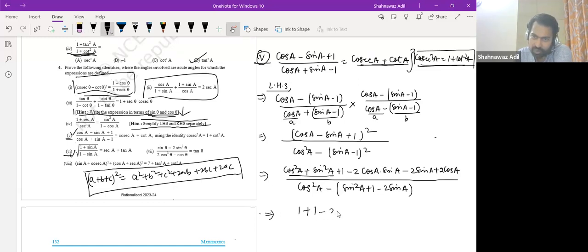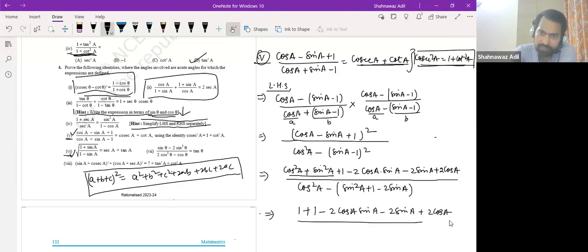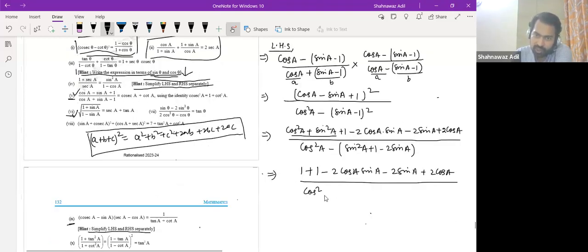So 1 plus 1, 2, minus 2 cos A sin A minus 2 sin A plus 2 cos A, divided by cos square A minus sin square A minus 1 plus 2 sin A.